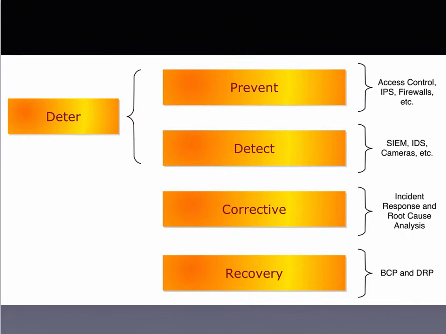Anything that an attacker sees or hears or reads about how well an organization prevents intrusions or detects intrusions will affect whether or not the attacker targets that organization. So let's take physical security, for example.